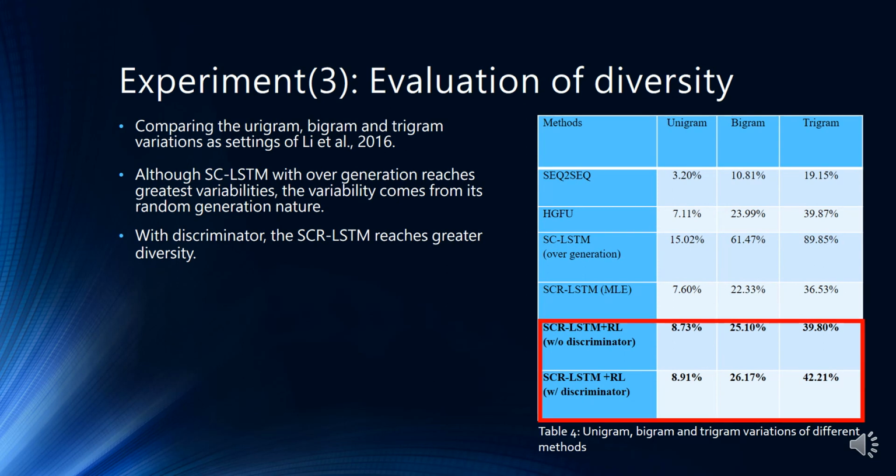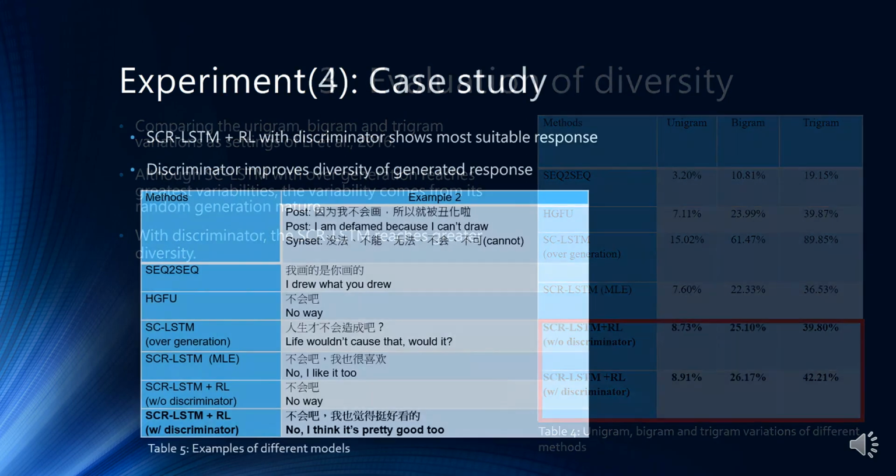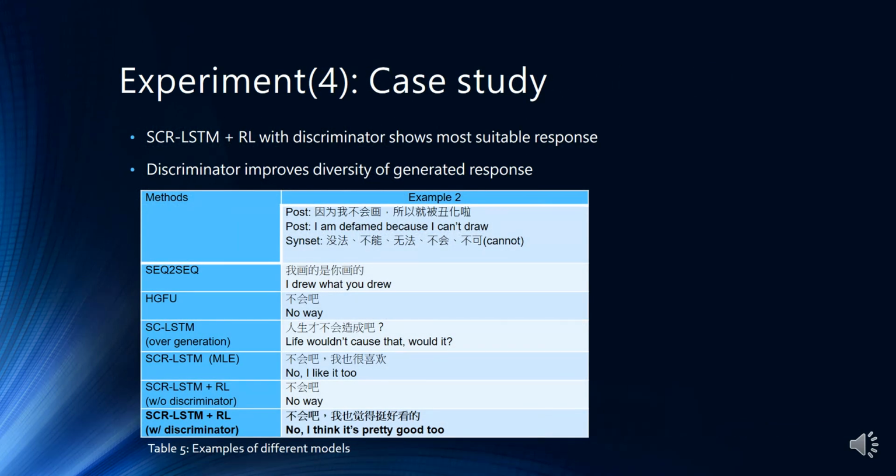And our proposed methods reached great diversity in this evaluation. What should be noticed is that by comparing methods with and without the discriminator, we can find that the discriminator brings greater diversity to response generation.